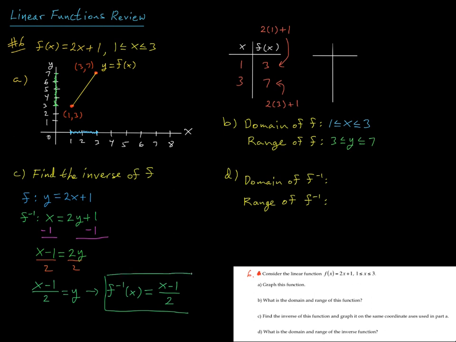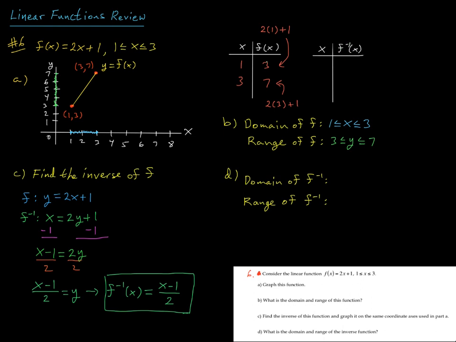Okay, now our job is to graph this function on the same coordinate axes. Okay, and I would say the easiest way to go about that is just to use the fact that the inverse is just swapping inputs x and outputs y. So I'm going to just create this little table over here. So x comma f inverse of x.